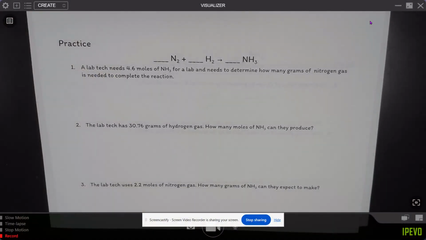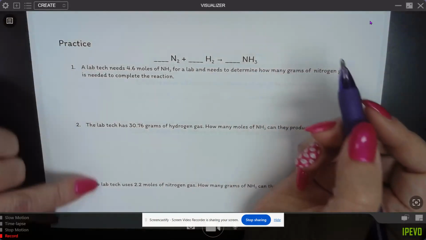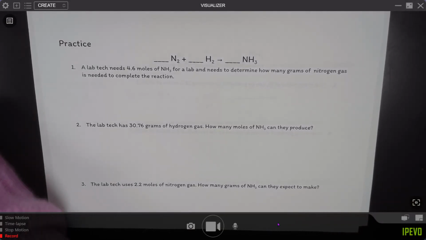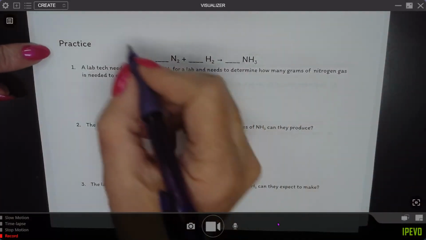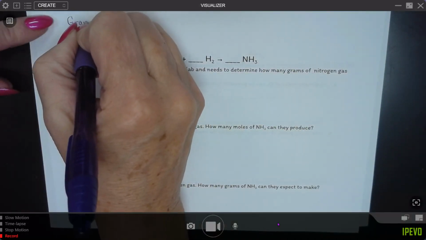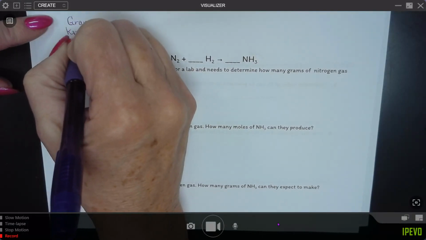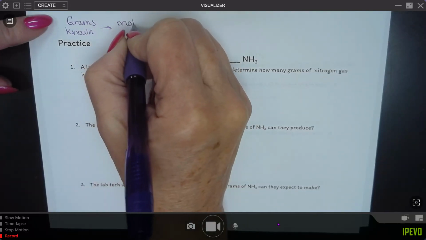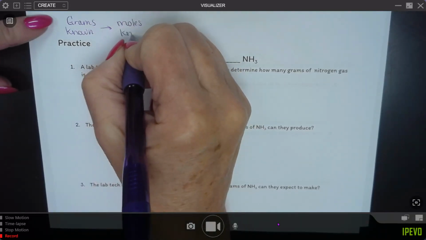And I'm going to write my mole map right up here at the top of my paper so that I can refer to it. All right, so remember my mole map, we start with grams of our known. We can then convert to moles of our known by using the molar mass.